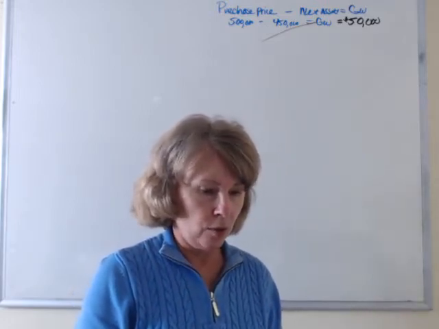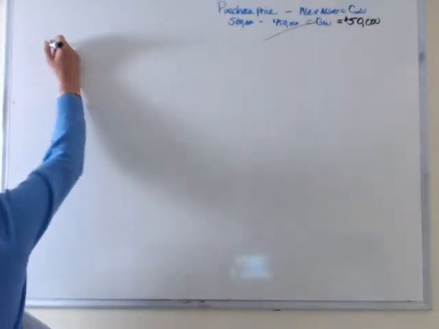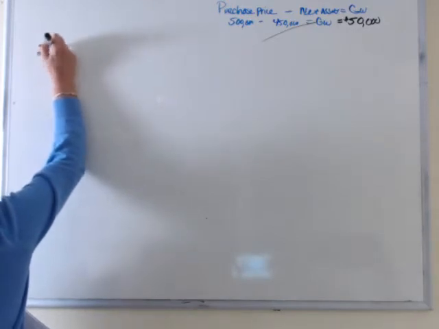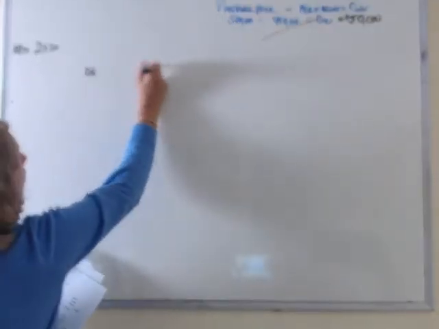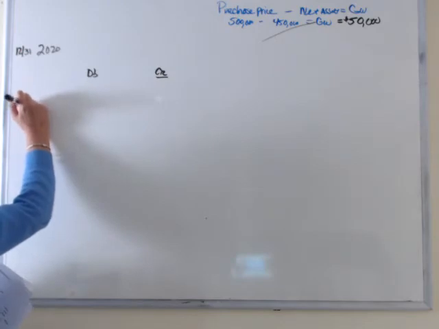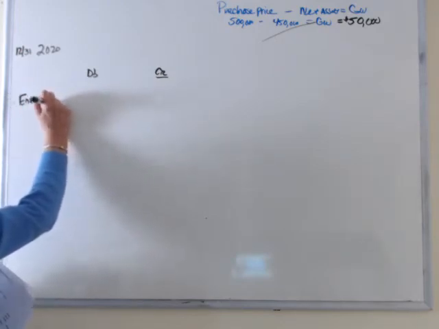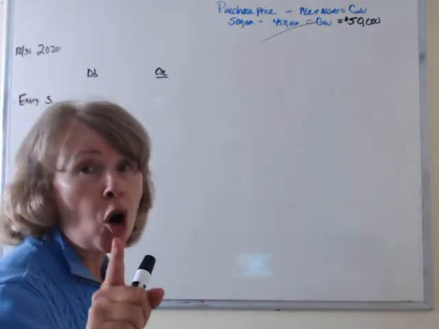All right, so we've got 2020. This is 12/31/2020. I've got debit and I've got credit. Okay. My first entry, this is entry S. I'm going to eliminate my equity of the sub only.